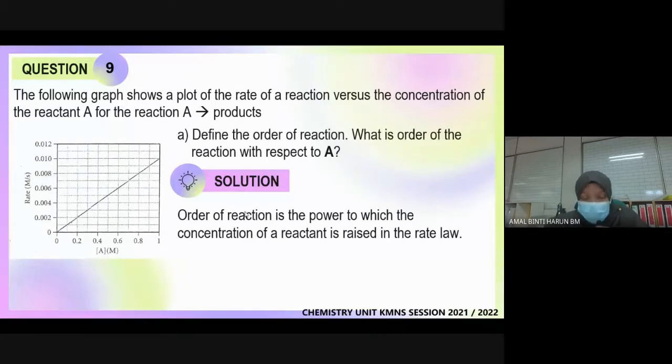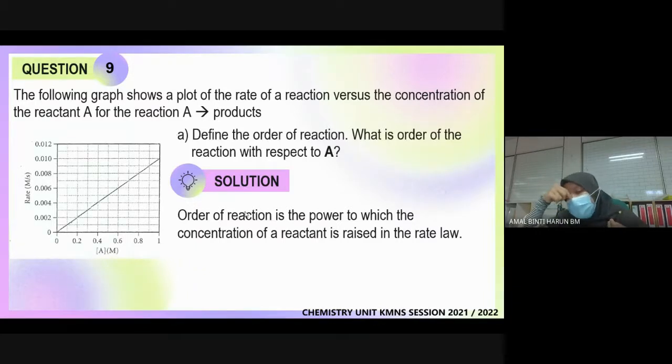So dalam rate law, bila kena tulis rate equation ataupun rate law, wajib tulis concentration of the reactant, power of their order.